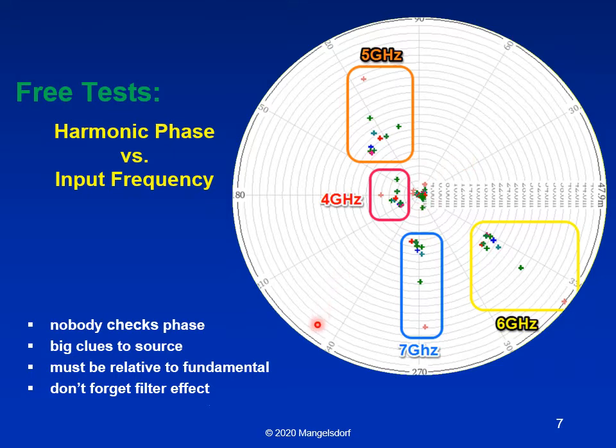Now remember that this phase is usually kind of an arbitrary thing in most FFT outputs, because you didn't synchronize the input signal with the sampling window. So you need to calculate the phase relative to the fundamental in each capture record that you do. And also don't forget the filter effect.